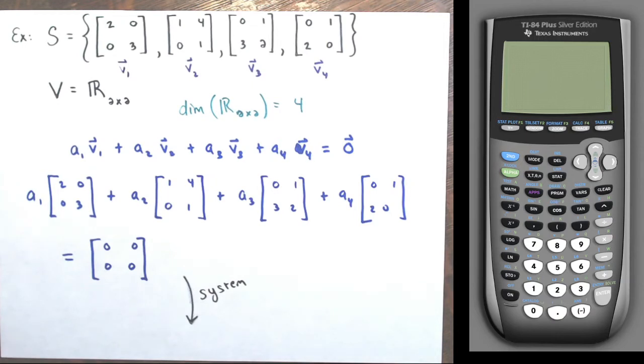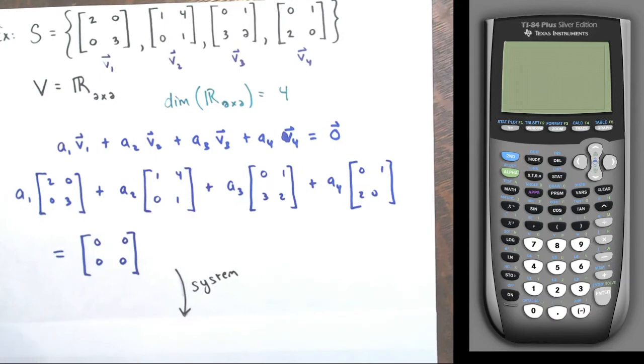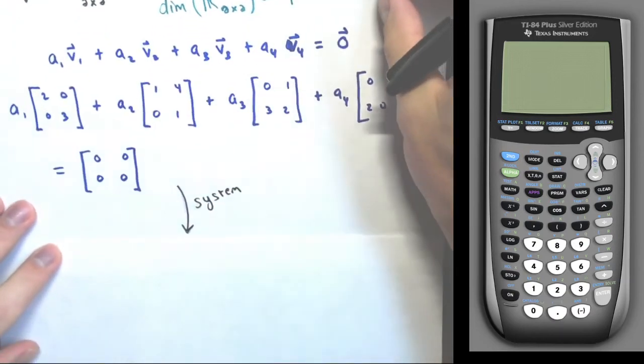Hopefully you're seeing now that it doesn't matter what the vectors look like. If the vectors are polynomials, matrices, or something from Euclidean space, when you're setting up these equations to determine if S spans a vector space or if S is linearly independent, you're going to end up with a system of linear equations.